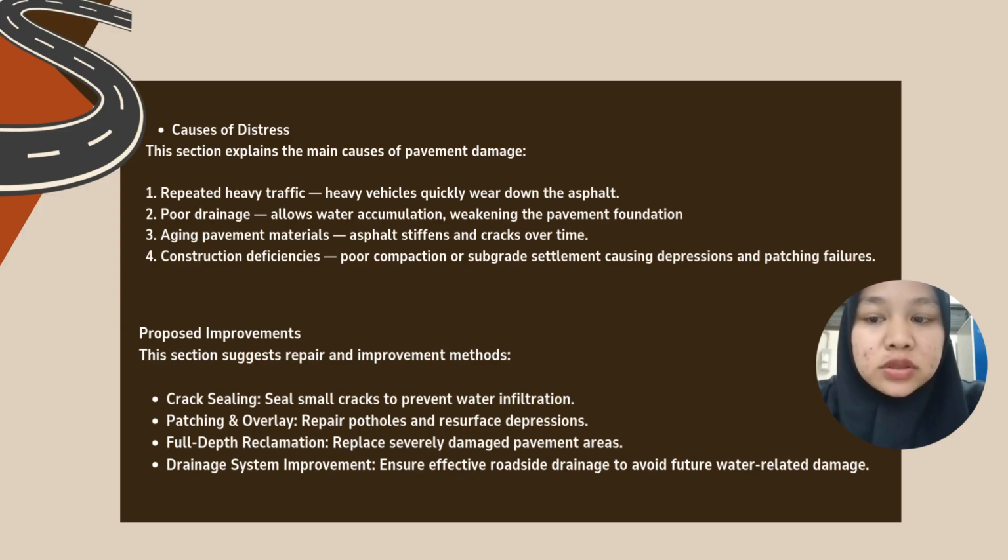Main causes include repeated heavy traffic, poor drainage system, aging pavement material, and construction deficiencies. Proposed improvement. Recommended repair methods are crack sealing, patching and overlay, full depth reclamation, and improving the drainage system.